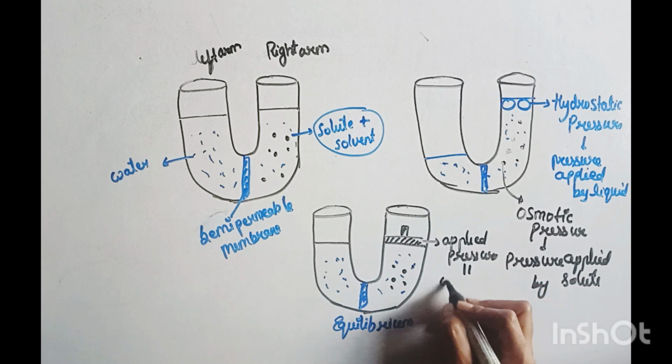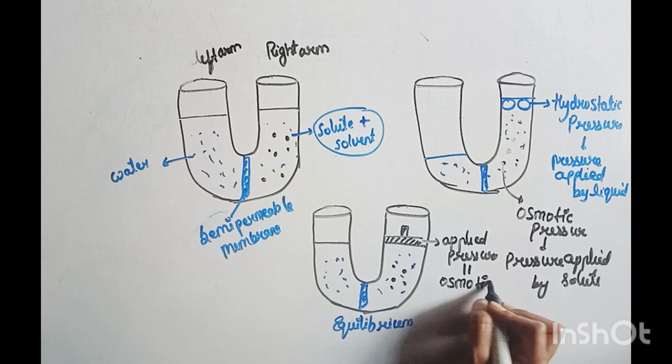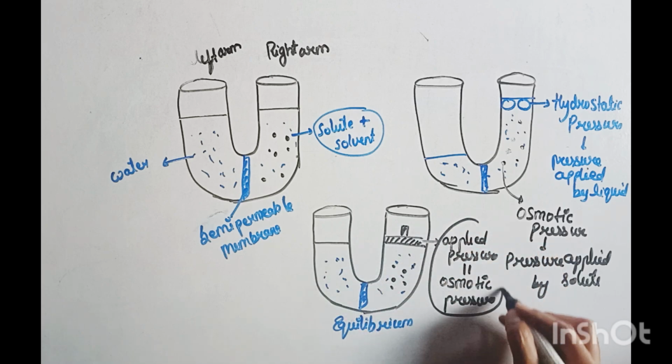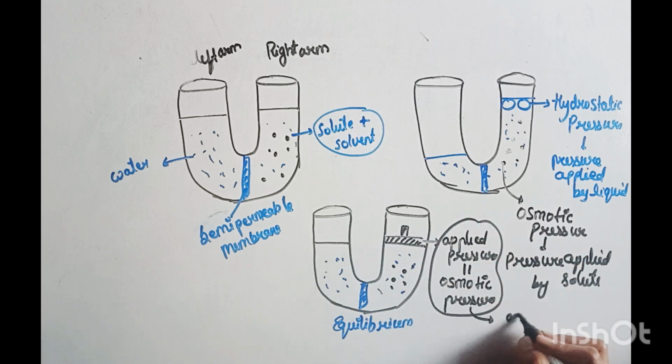When the applied pressure is equal to the osmotic pressure, the movement of water from the left arm to the right arm stops, meaning the osmosis process is stopped. So the osmotic pressure is the pressure needed to stop the osmosis process.